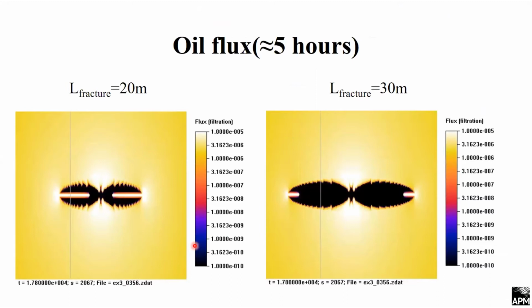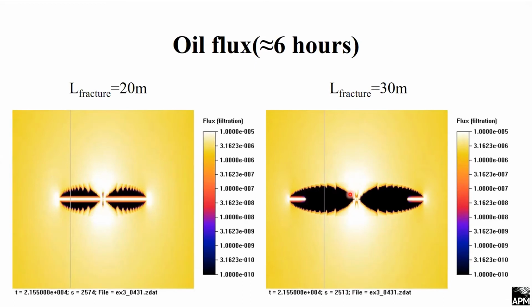In this slide, we can see the velocity of oil filtration at the same time for each case. The largest flows are observed in the fracture and near the production well. It can be seen that for the larger fracture, the fluid flows faster in the area near the well.